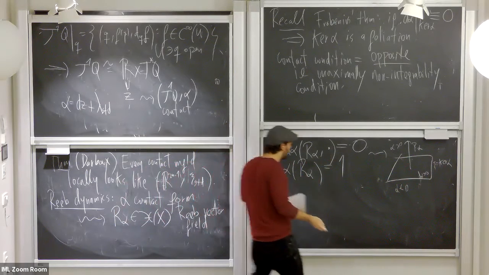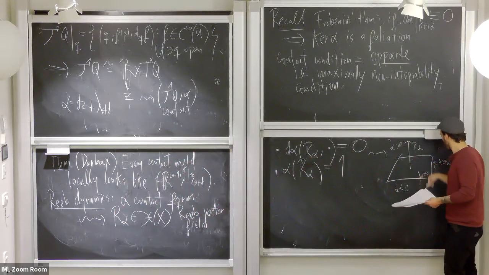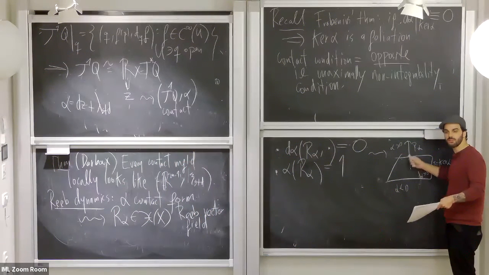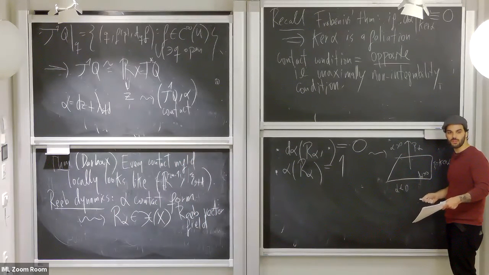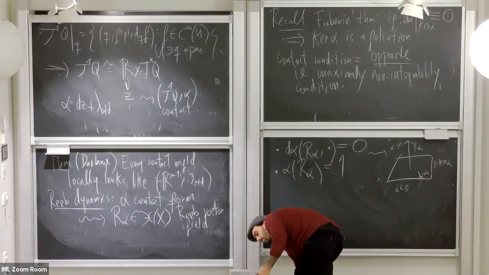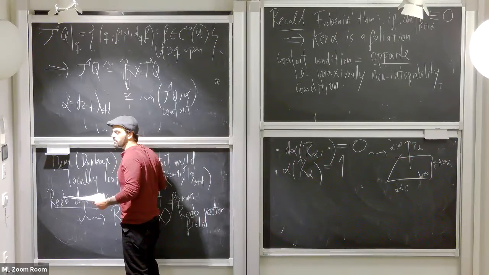Okay, so in other words, we've got a geometric distribution psi, and whenever you give me a contact form for psi, I have an associated dynamical system. So you've got geometry and dynamics sort of playing with each other. Any questions?